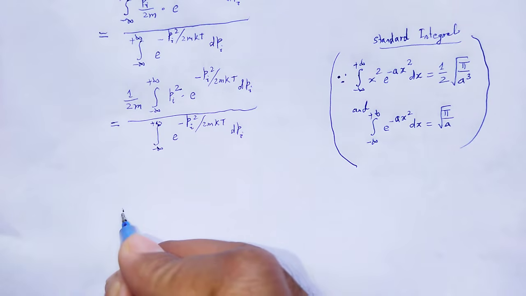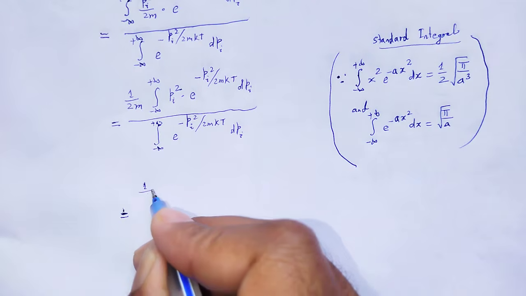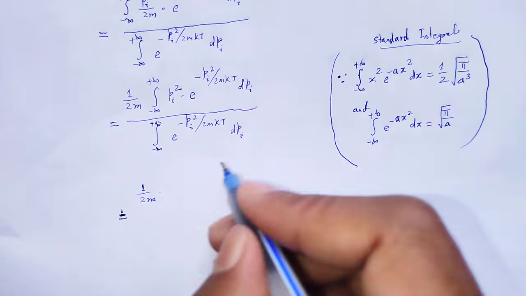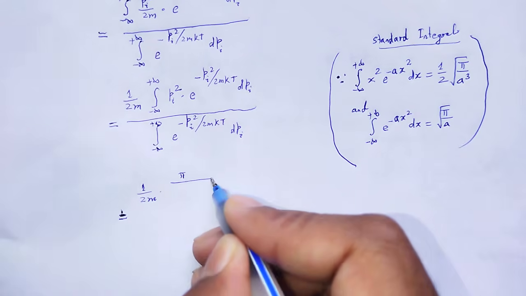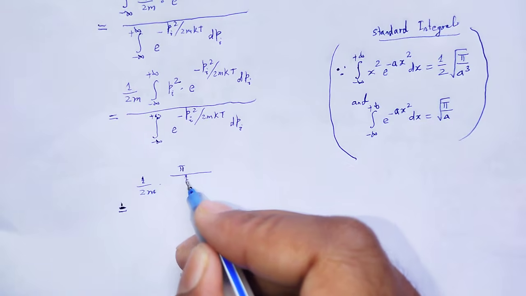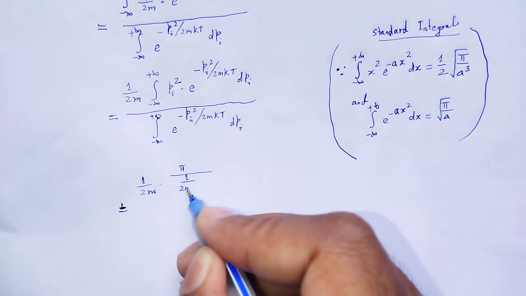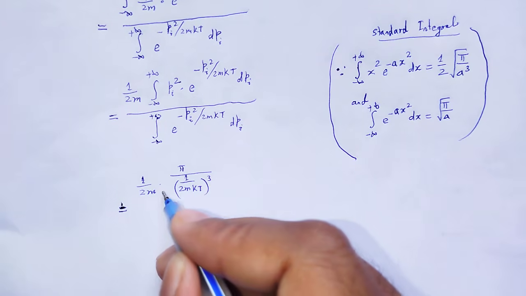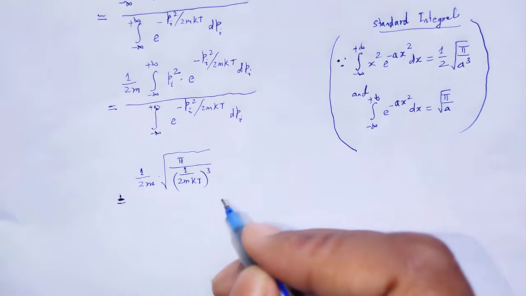So we write 1 by 2m, solving it, pi divided by a cube, the constant term, 1 by 2m kt, whole cube under root.